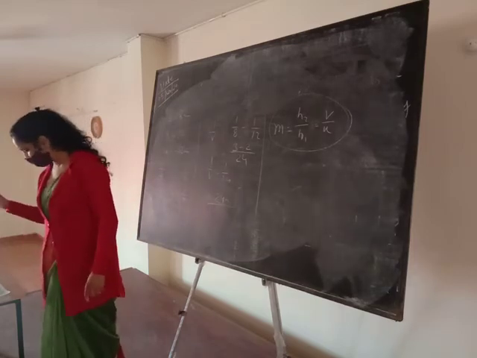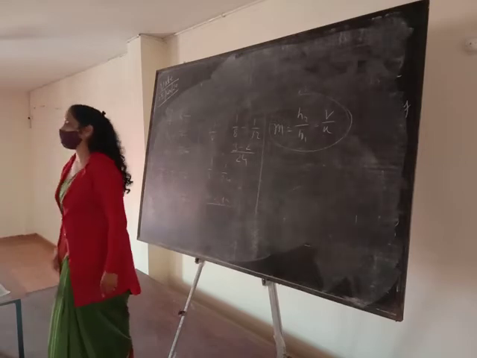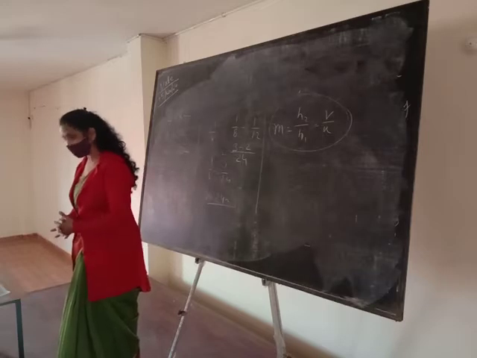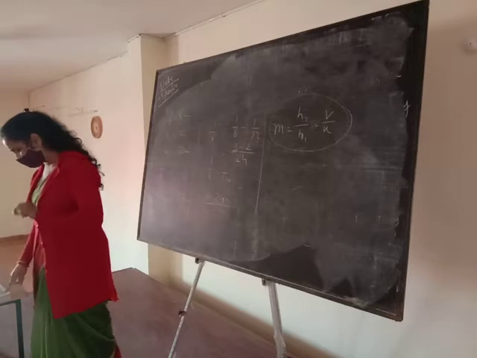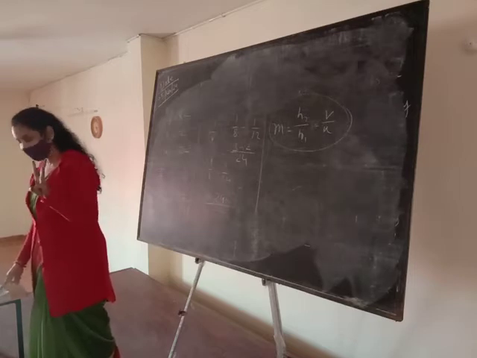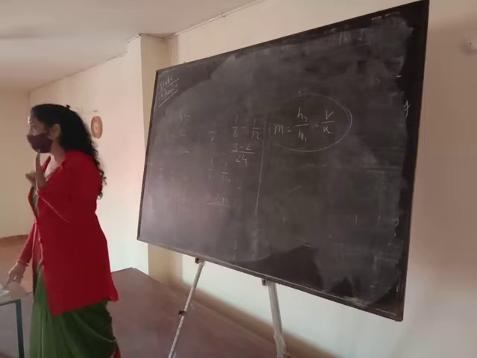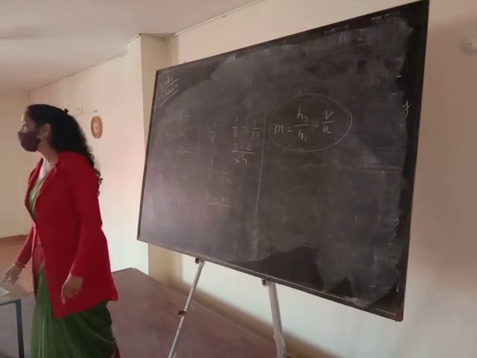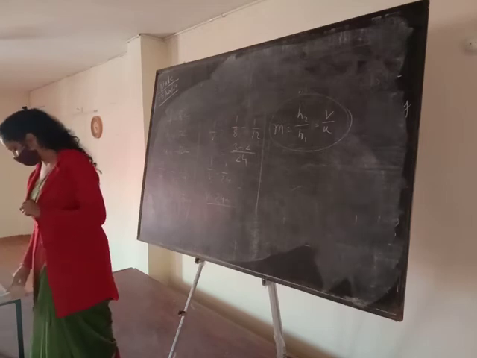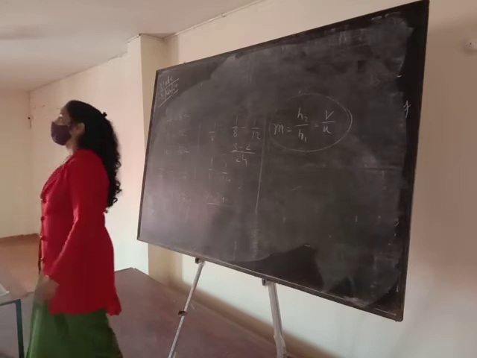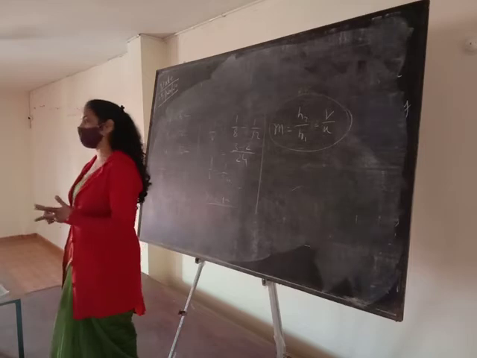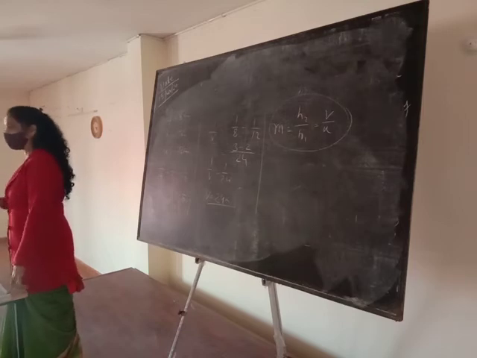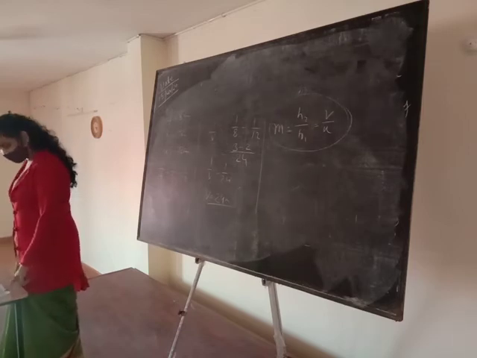A convex lens produces an inverted image, magnified 3 times, of an object placed at a distance of 15 centimeter from it. Calculate the focal length of the lens.